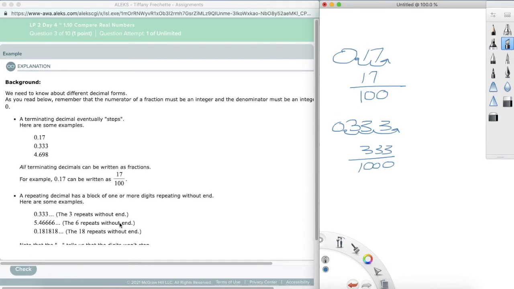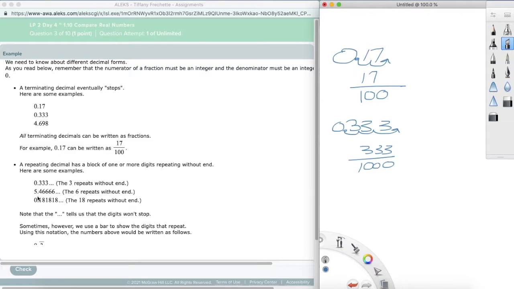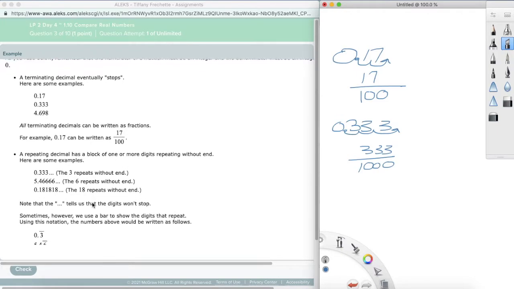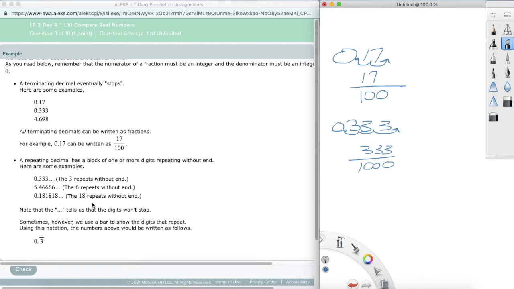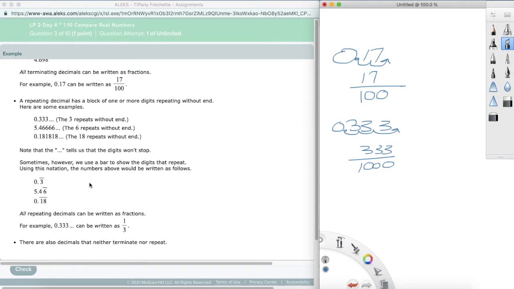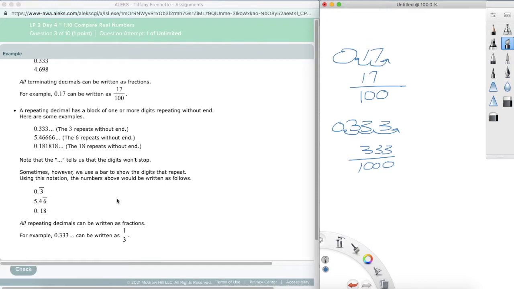If it's a repeating decimal, which we see here, now we have a slightly different process. Because the decimal doesn't stop, we can't simply move to the end. What we have to do is put it over nines instead of zeros. With this one, they're not quite telling you that right off the bat.